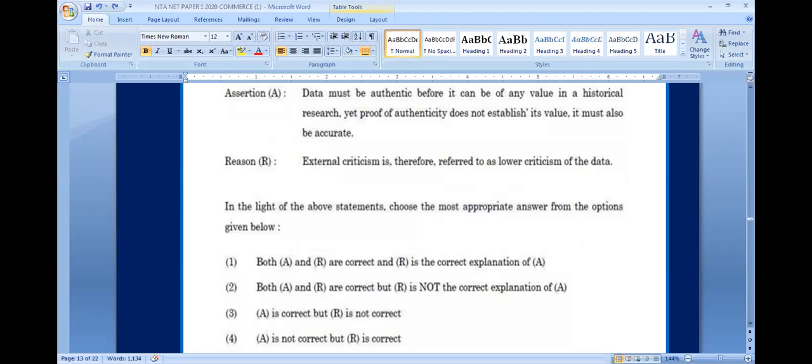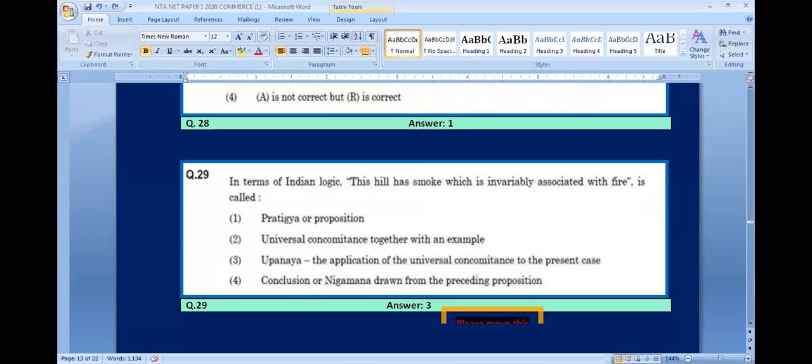Yes or no? I need answers from your side, yes or no. Yes. So both assertion and reason are correct. Reason is giving explanation to the assertion. That's all. Thank you. Thanks for the participation and replies.